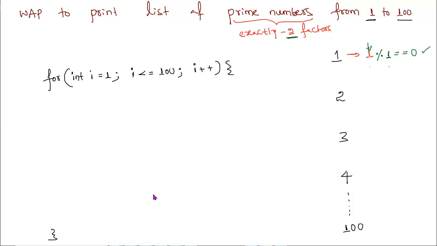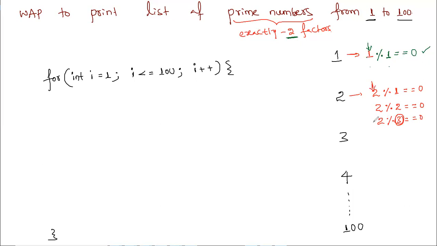What about 2? When it comes to 2, we have to divide by 1 and check whether it's a factor or not. And for 2, we also have to check with 2 itself, whether it is a factor or not. Correct? Then do we need to divide 2 by 3 to check? No, this is not required because it is more than our number.